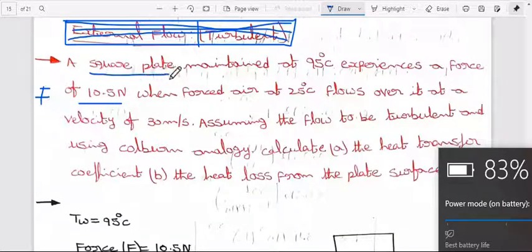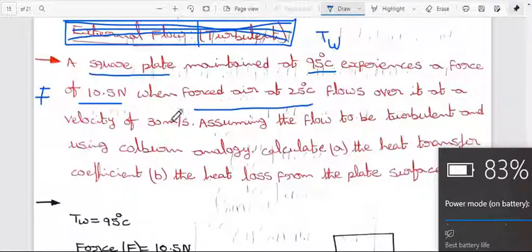So this is the square plate, maintained at 95 degrees, so wall temperature is equal to 95 degrees, when forced air flows over it. Here the fluid is air at T infinity, flowing at a velocity of 30 meters per second. Is this internal flow or external flow?